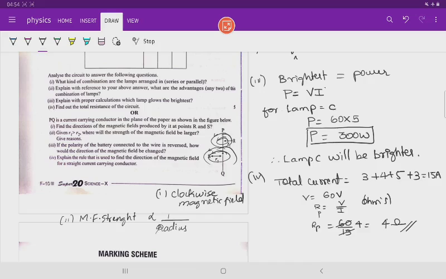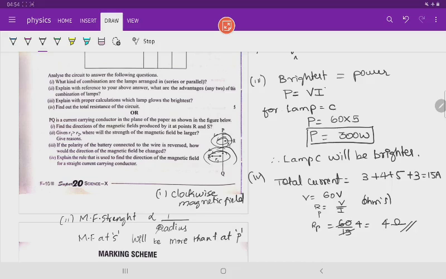And which is nearer? S is nearer. So obviously the magnetic field strength at S will be more than at P. Hope you understood.